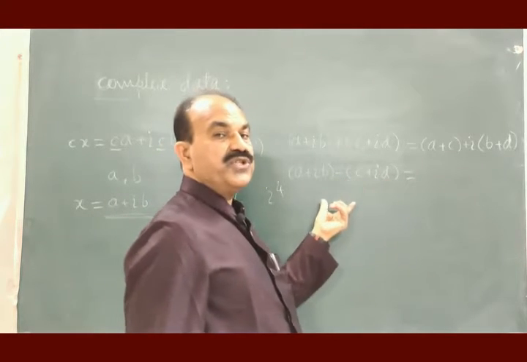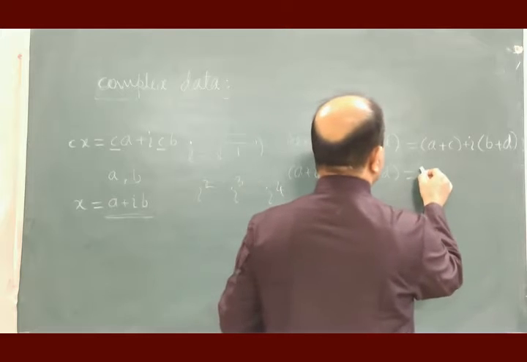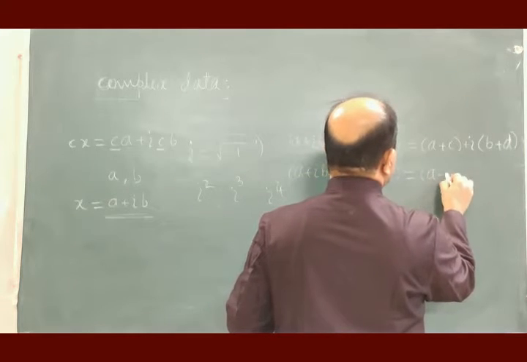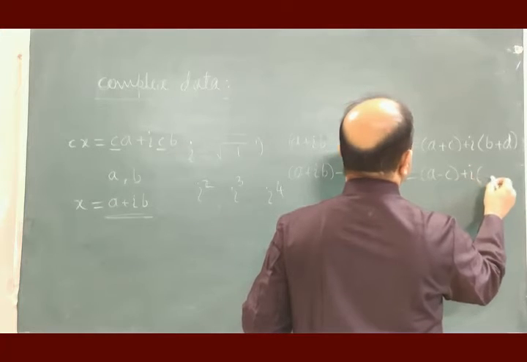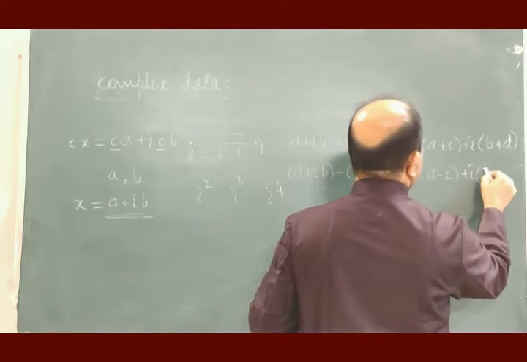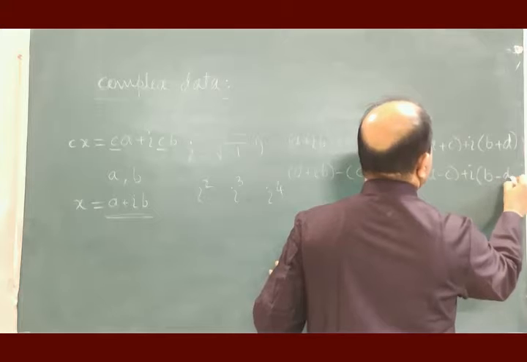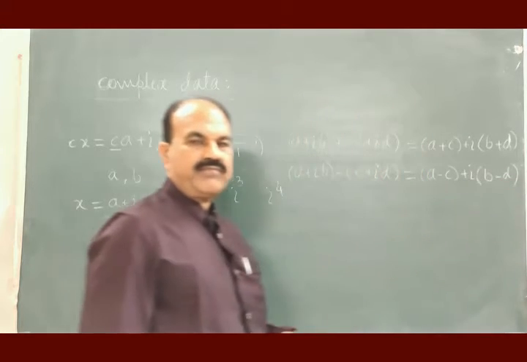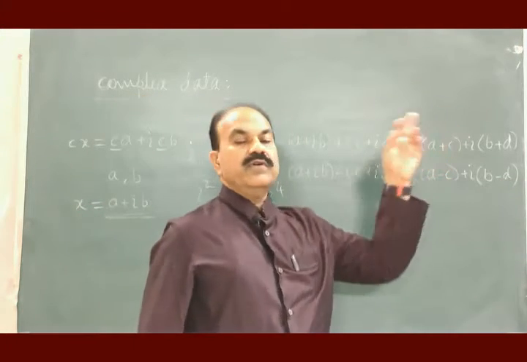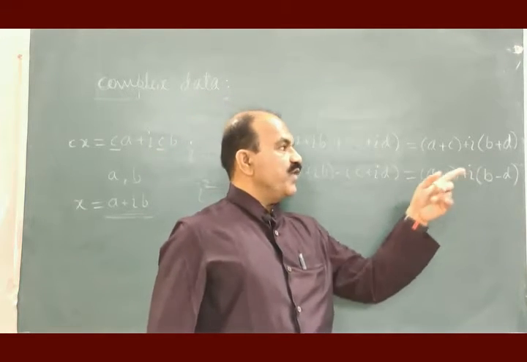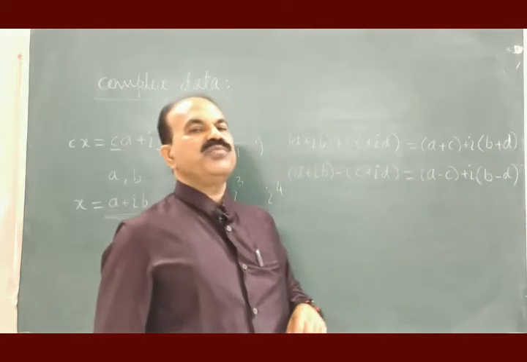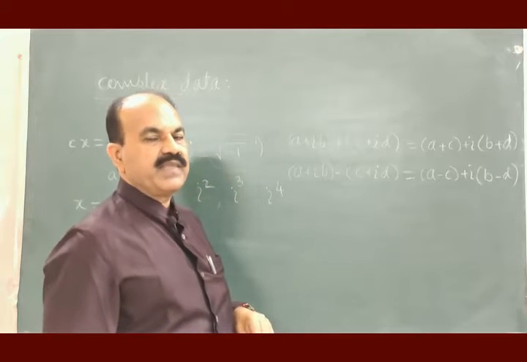So, subtraction of these two complex numbers will be a minus c in one bracket plus I into, in the other bracket, b minus d. This is the formula for addition of two complex numbers. This is the formula for subtraction of two complex numbers.